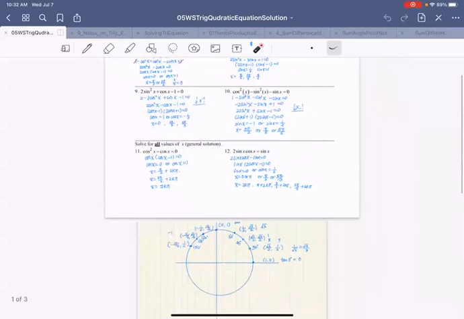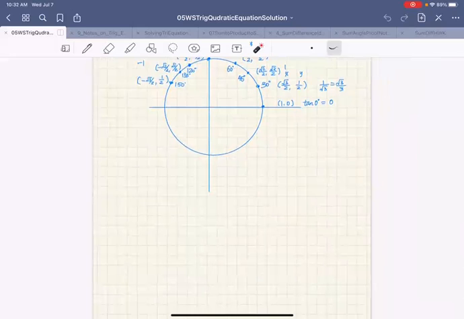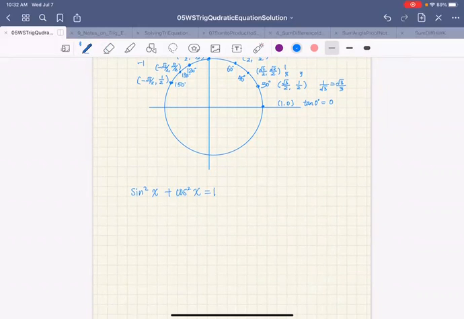Those are the three important identities. Sine square x plus cosine square x equals 1. We already know this from the right triangle, and we already did this proof.